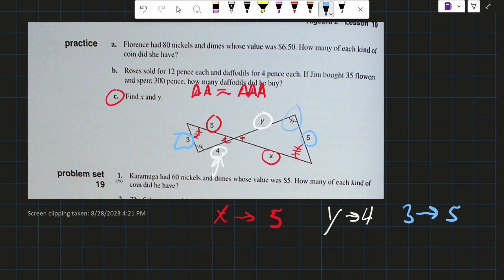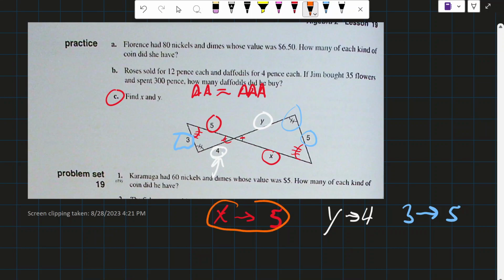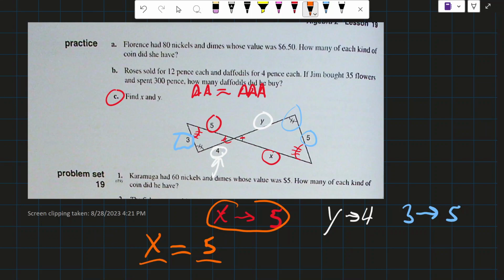So in other words, I'm going to use these to build my fraction, right? So let's say that we want to solve for x first. If I put x on top, I'm going to put an equal sign to separate the two triangles. x equals 5. Now, I don't want to use the y because that's just going to give me another variable that I can't solve right now.